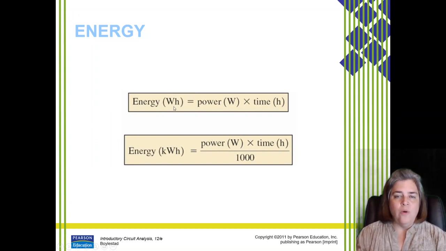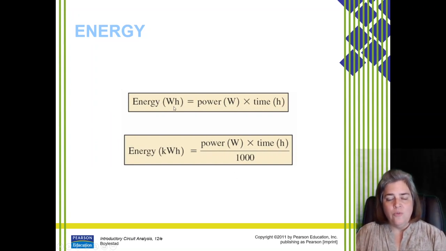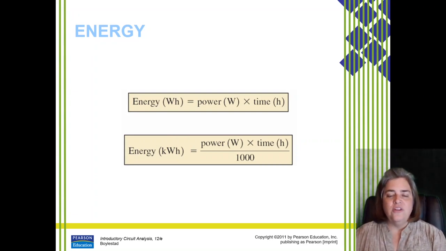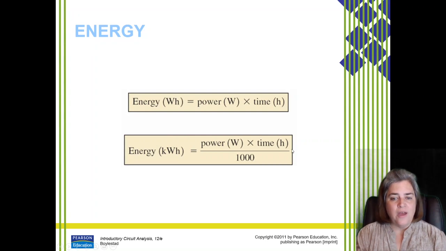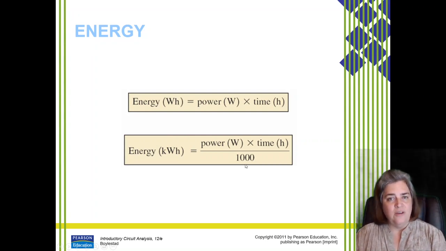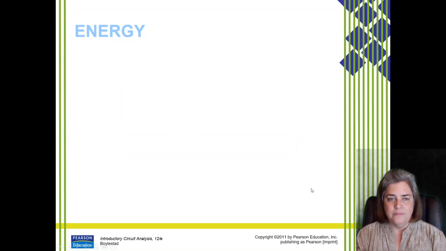So energy in watt hours is just strictly watts times hours. However, you're billed in kilowatt hours because we use a lot more than just watts, right? We use thousands of watts. And so the energy that you're billed for is kilowatt hours. Still, it's watts times hours, but we'll just divide by 1,000 to keep with our kilo prefix.